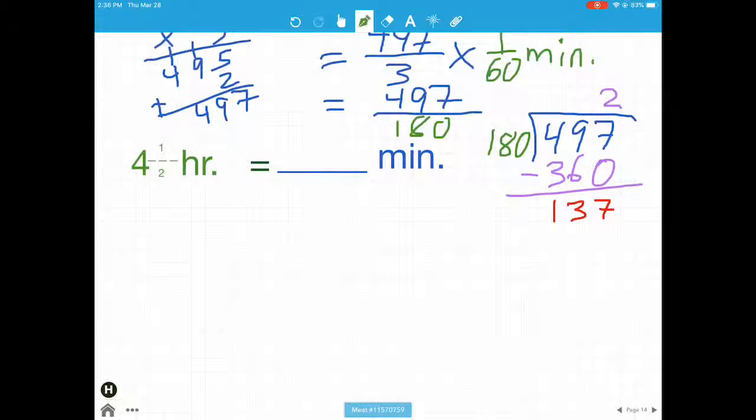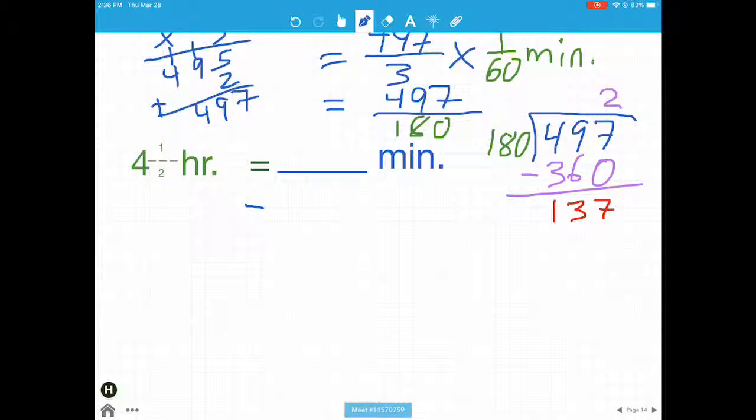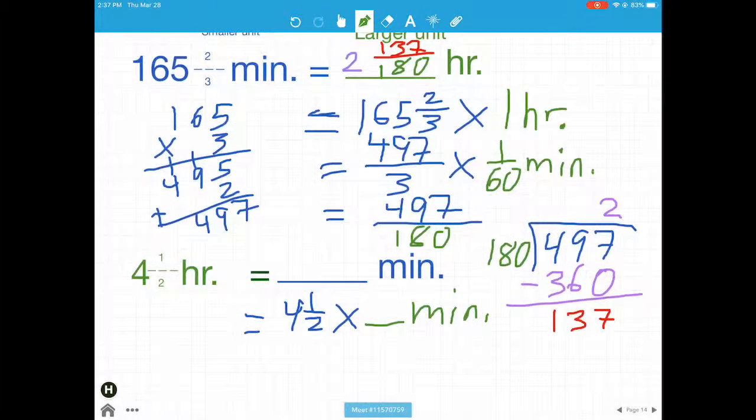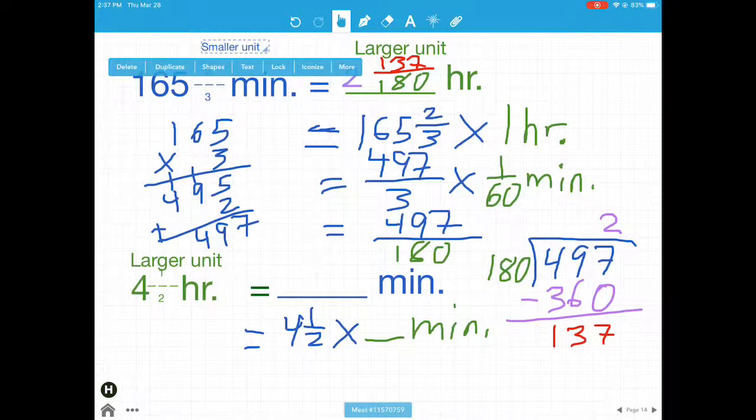So here again, we're going to start off almost the same way. 4.5, I'm going to try to squeeze everything in, times blank minutes. But this time, we are going to be going from larger to smaller units.